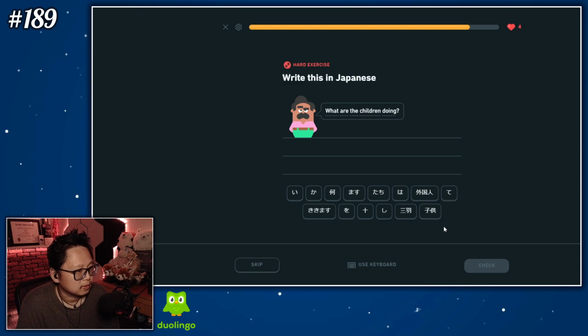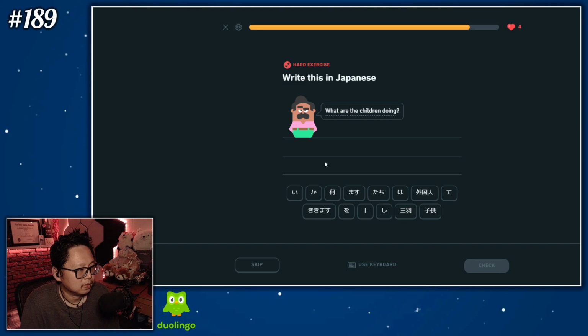What are children doing? Kodomo? Okay, there's Kodomo. You're getting a little better at being able to write hiragana, just hearing it said out loud at least. It's kind of an interesting feeling at some point, where sometimes your hand just moves automatically on its own. Like when you're saying it, it just moves on its own, which is kind of a nice feeling.